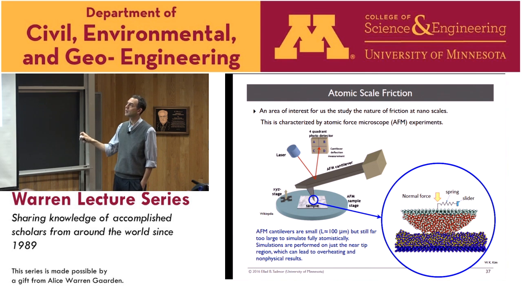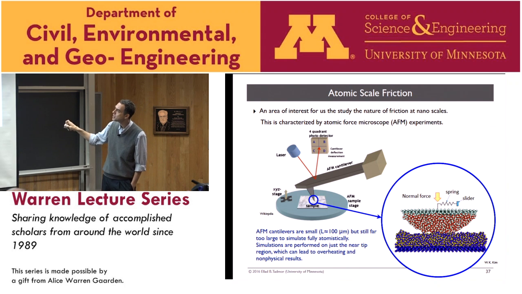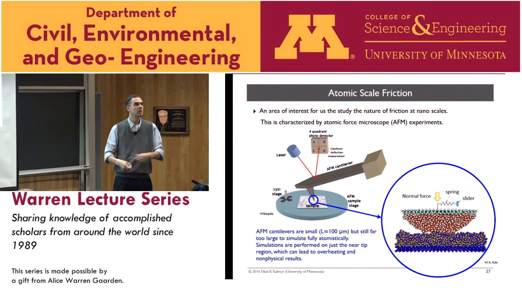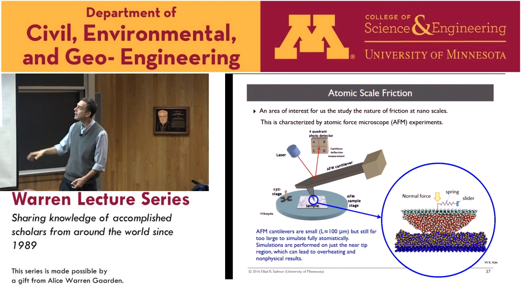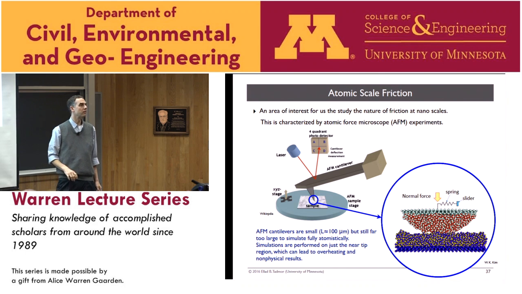So there's no way you're doing a whole AFM this way. And so the simulations tend to be limited to just the very near tip region like this, and a little bit of the substrate, and then you isolate it from the rest of the world, and then you pull, and you do a simulation. There are some very nice simulations that have been done, but in many cases what they find is that their results are affected by this small scale that they can afford to model.